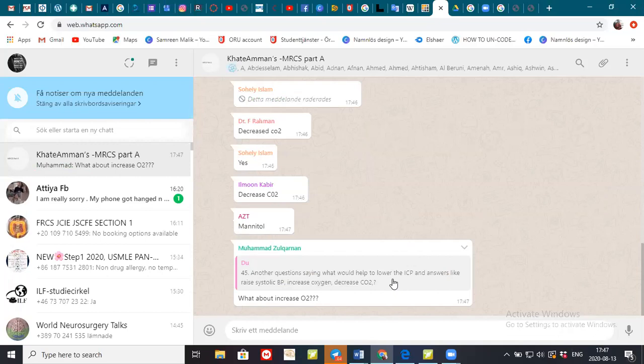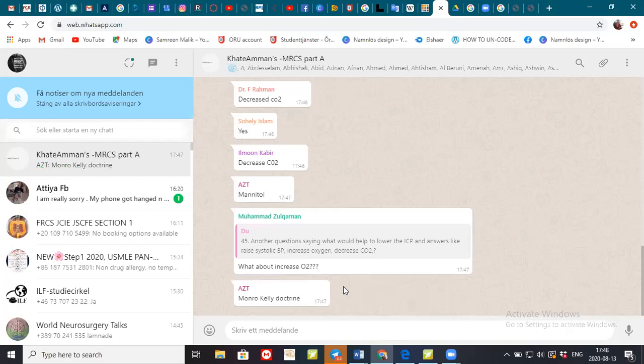Your carbon dioxide is going to determine whether your vessels are going to dilate or constrict in the brain. You have to maintain the partial pressure of oxygen at 11 at least, and carbon dioxide pressure should be 4.5 or less, not more than that.